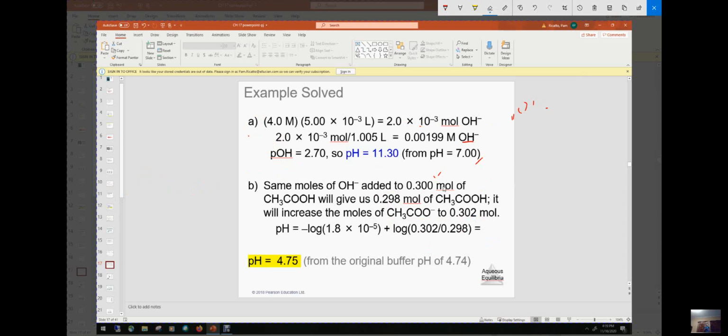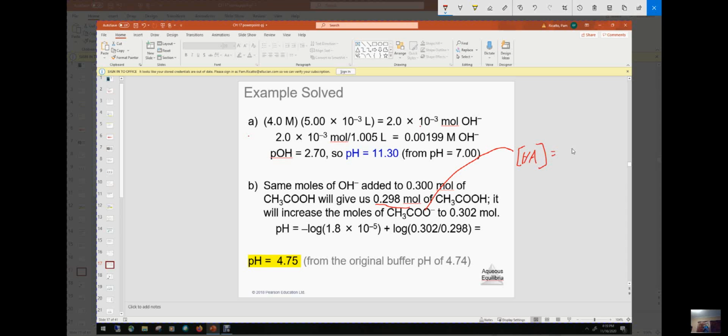Because then I'd have concentration, and I would say, okay, I have that many moles of HA that are remaining. So what's my concentration? Take the moles, divide it by the liters, right?